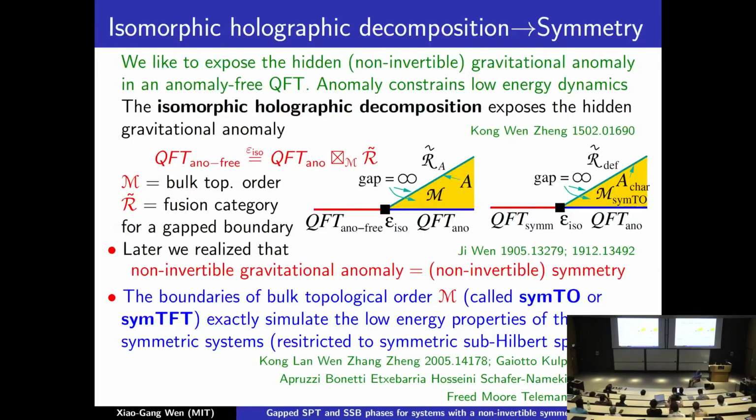And then we ask the following question: for an anomaly-free theory, meaning a theory which has a lattice UV regulation, does this theory have a hidden gravitational anomaly? We want to understand this hidden gravitational anomaly because if they do have a hidden gravitational anomaly, maybe the low energy dynamics is constrained by this hidden gravitational anomaly.